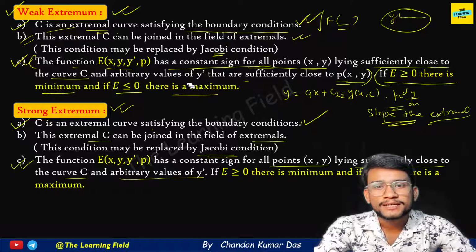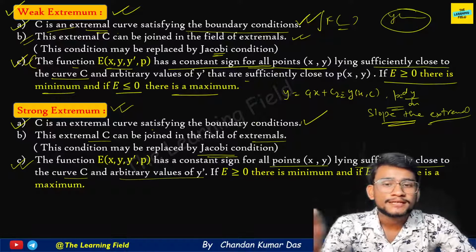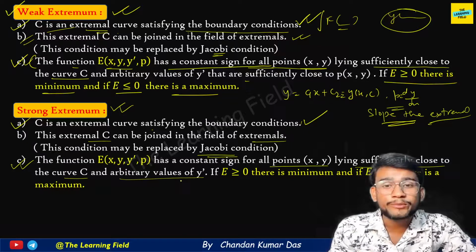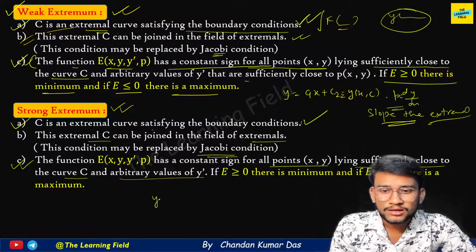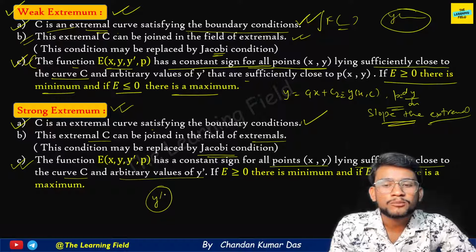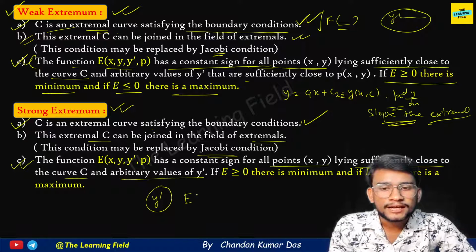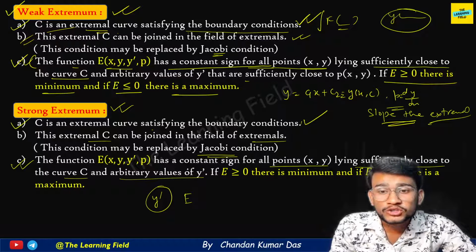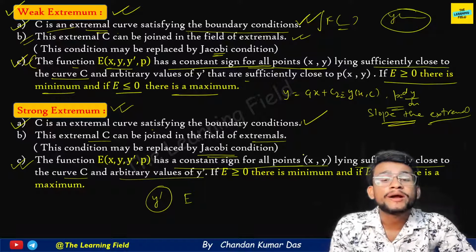That means if y dash takes arbitrary values, then for any arbitrary values of y dash, e can be greater than or equal to 0, or e may not have constant sign for all points x, y.